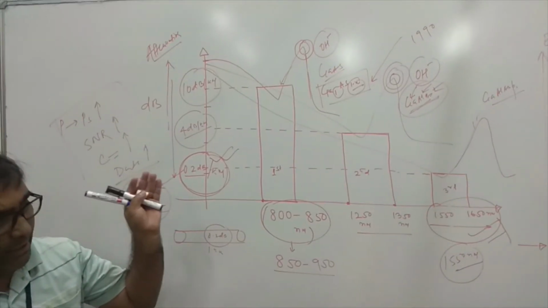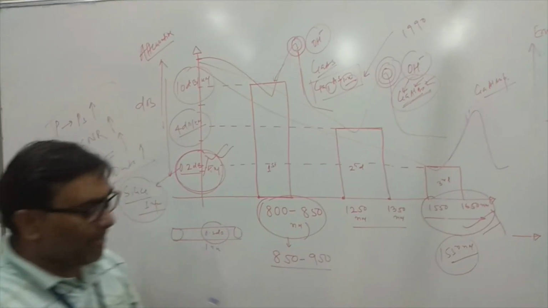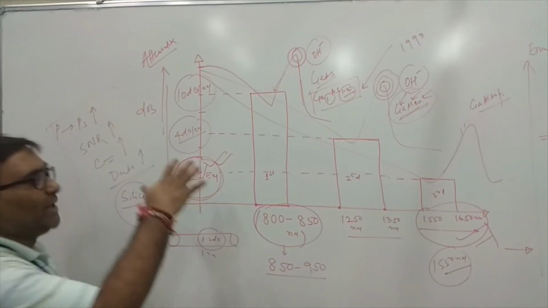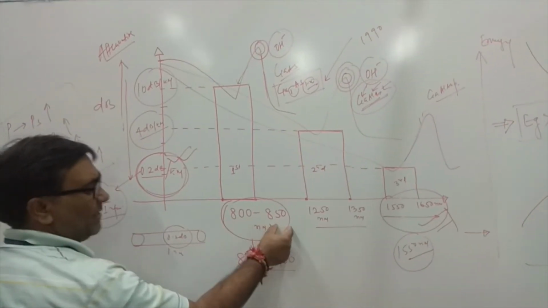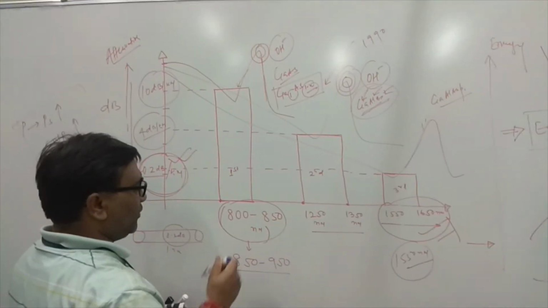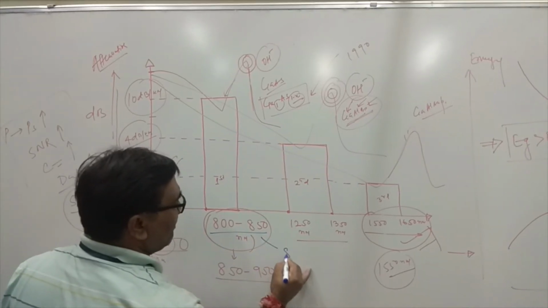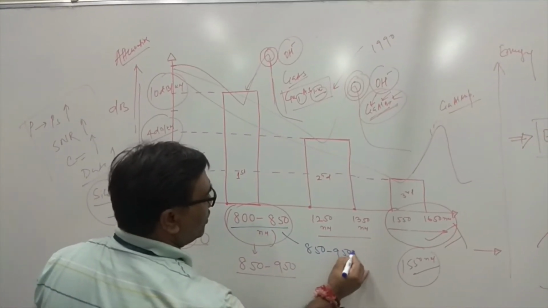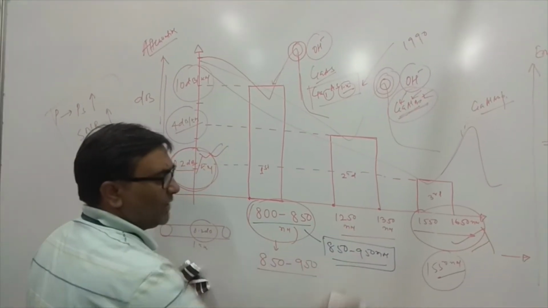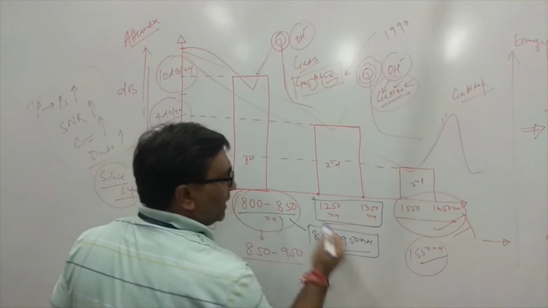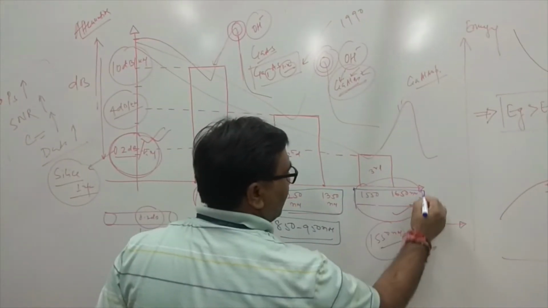So in this lecture I have first explained the window techniques. Window means different bandwidth. So 800 to 850. Sometimes, if you want to take the average value, just remember 850 to 950. No doubt, please remember only these things: 850 to 950, then 1250 to 1350, and the third one is 1500 to 1600.